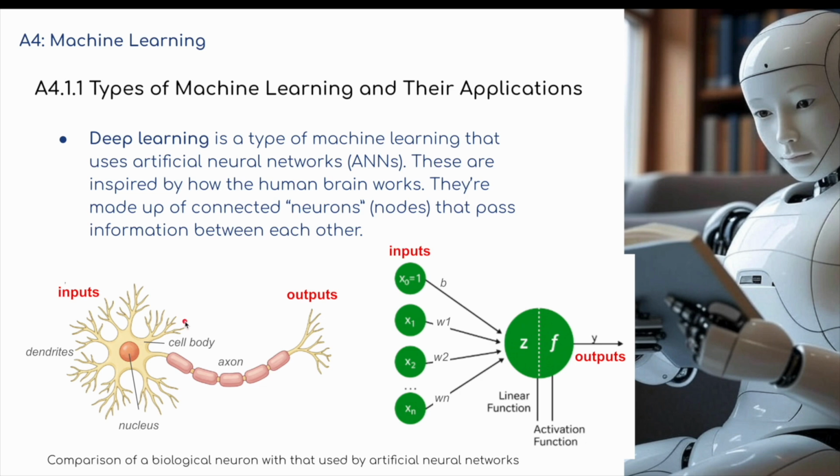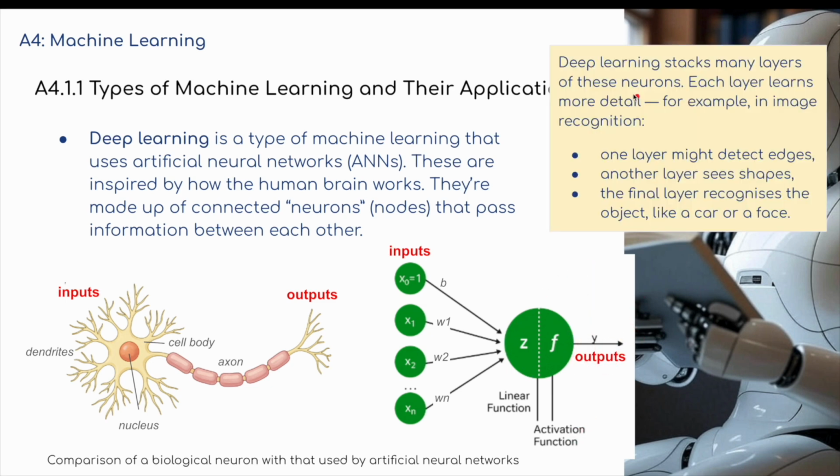So it's a little bit like, as you can see here with the brain, we've got the input, we've got the nucleus and the cell body, and this is going down here until it gets to the outputs. A neural network is designed in the same way. We've got a series of inputs feeding into the linear and activation function, and this will then generate the outputs. Deep learning stacks many layers of neurons.